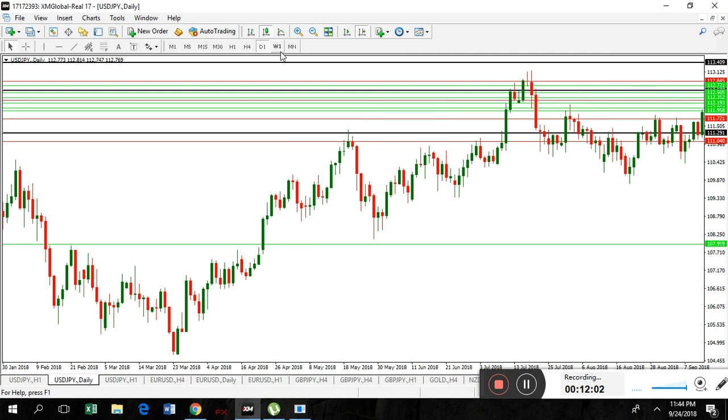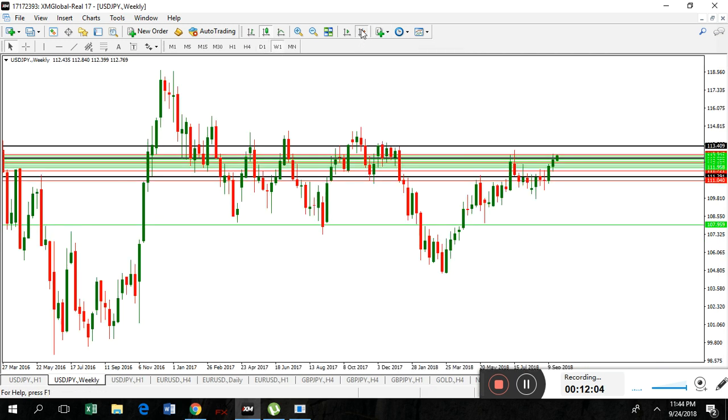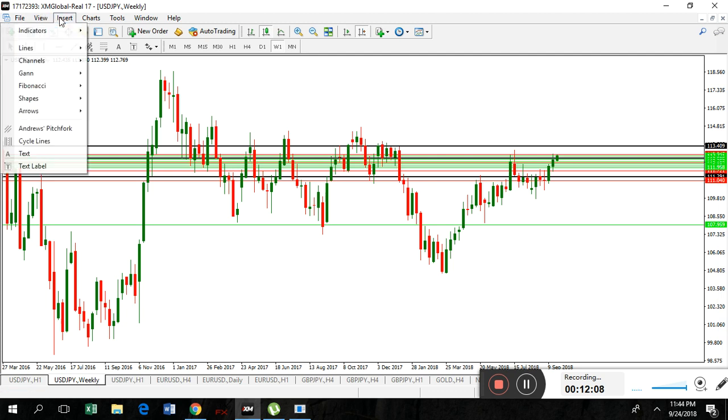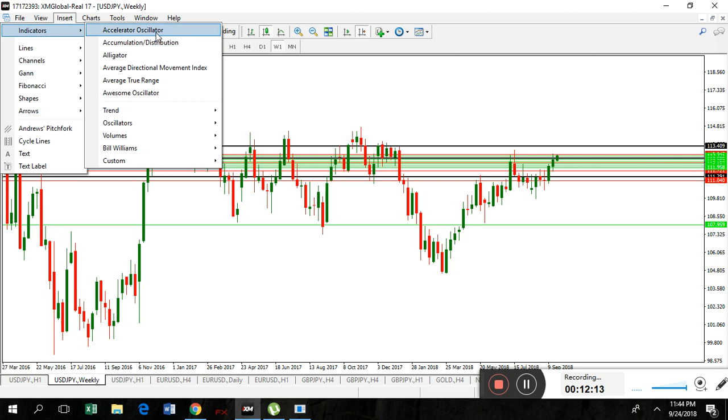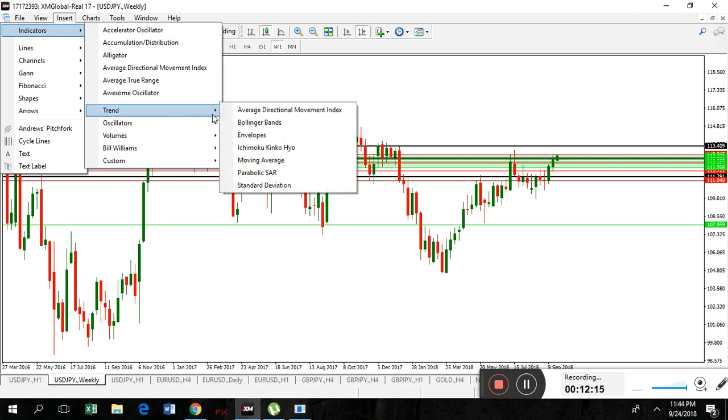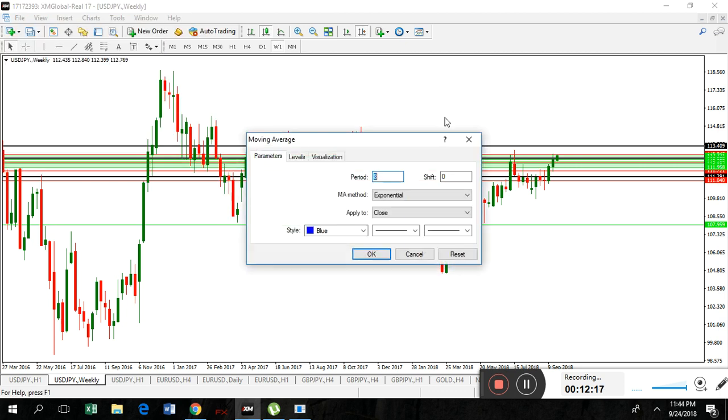So now let's look at the trend, how we actually identify the trend, which I use my moving averages to identify. So I insert indicator, moving average. Let's start with the 8 EMA.